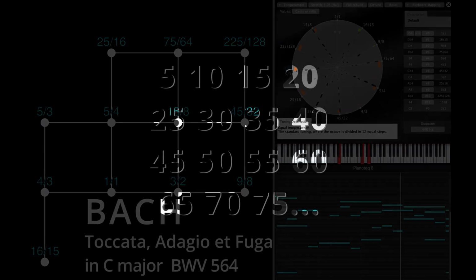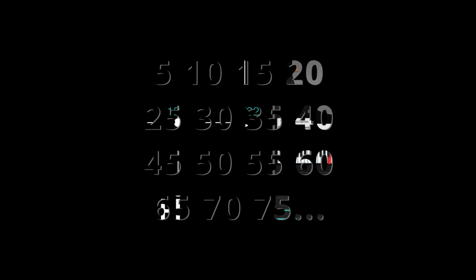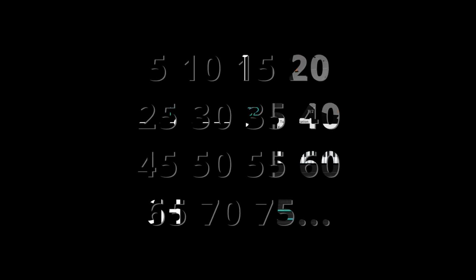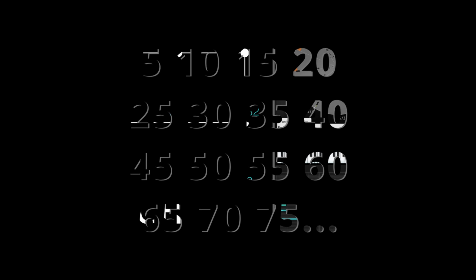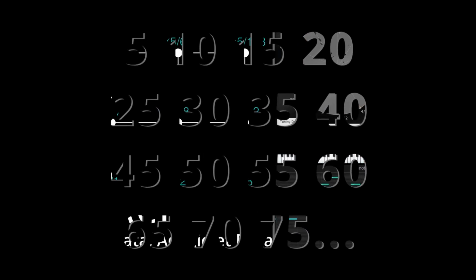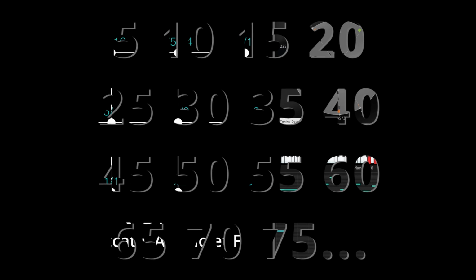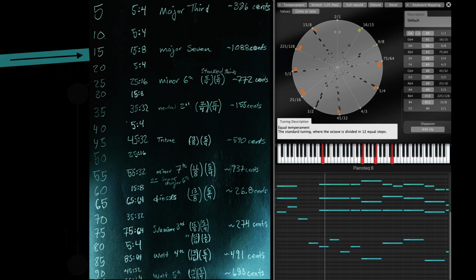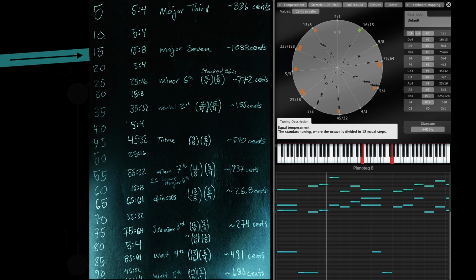So we start with 5, of course, which is just the major third. Then we have 10, but 10 over 8 reduces to 5 over 4, which is just a repetition, an octave higher, of the major third. Then we have 15, which produces our major 7, 15 over 8.